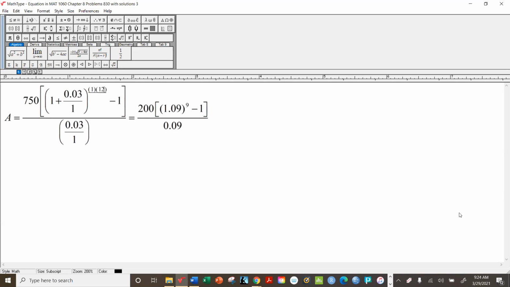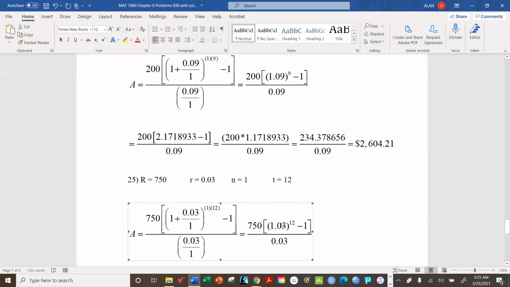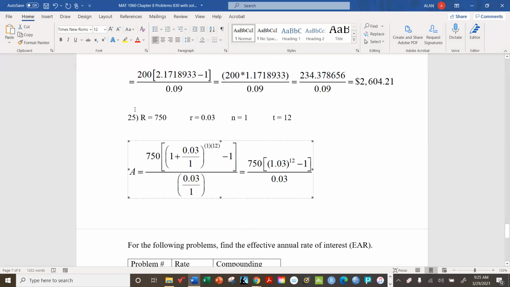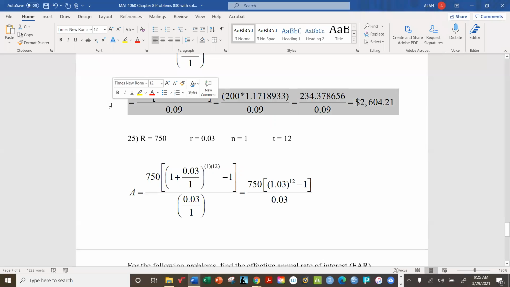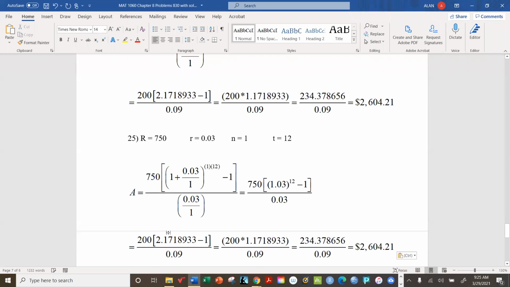Okay, so you've got 750, and here we've got 1 plus 3% to the 12th power, all divided by 0.03. Okay, so now we can start doing something with that. All right, so I'll just grab this one and edit it. I think it'll be faster.